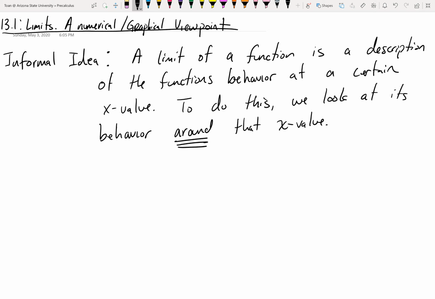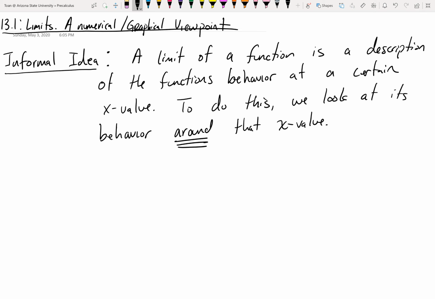And what do I mean by looking around the x value? It turns out that when we talk about a limit, we really don't care exactly what's going on at that location. It sort of seems contradictory to this definition, but it's sort of like if you want to describe how the wind is blowing, you don't look at the exact actual wind because it's impossible.